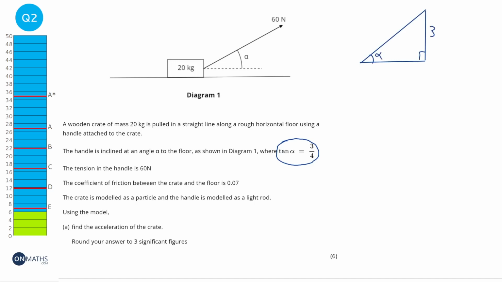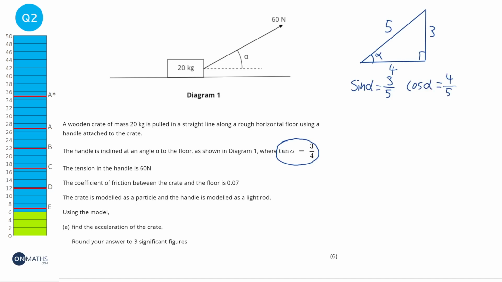So that would be 3 and that would be 4. And we know through Pythagoras that the last side will be 5 because that's a 3, 4, 5 triangle. We will also know that sine alpha is the opposite, which is 3 over the hypotenuse, and cos alpha is the adjacent, which is 4 over the hypotenuse.